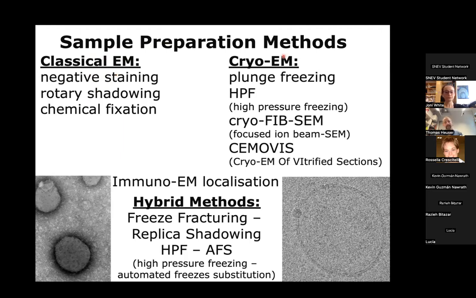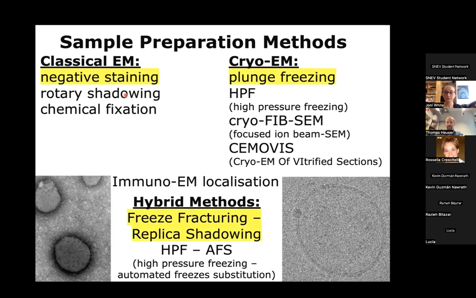Since the 1980s, a new approach emerged, and this is cryo-electron microscopy. And in both of these approaches, there are many different techniques you can use. And also somewhere in between, we have so-called hybrid methods. So these are methods that use a little bit of cryo-EM, but also a little bit of classical or traditional EM approaches.